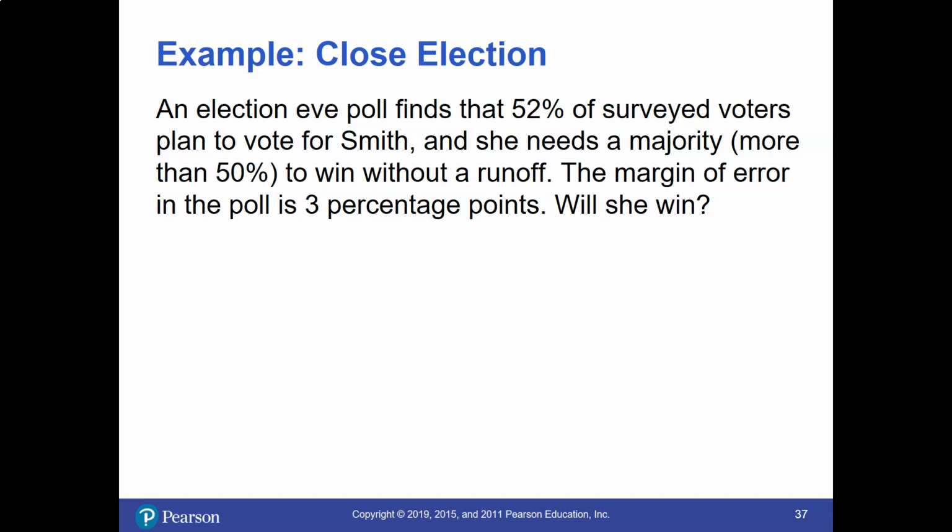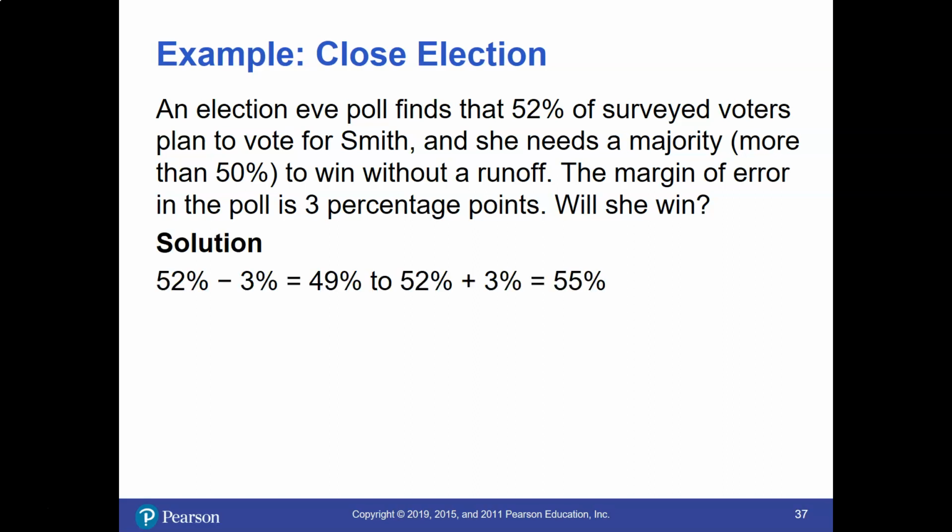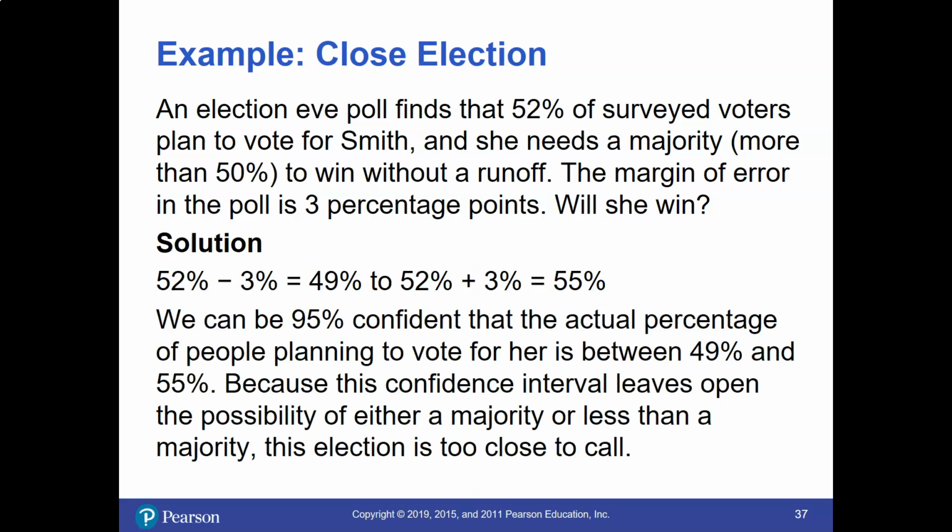Because 49% is within the bound, there is a chance that she will not win. So you can't say for certain. They say they can be 95% confident here. You would actually need to know the standard deviation to be able to say that for sure, and that the population is normally distributed. But we'll talk about that in the future.